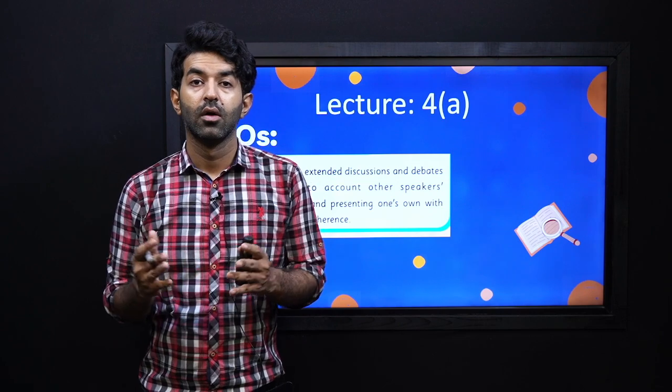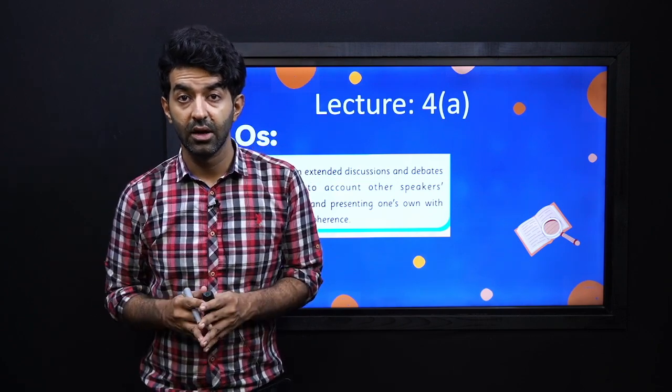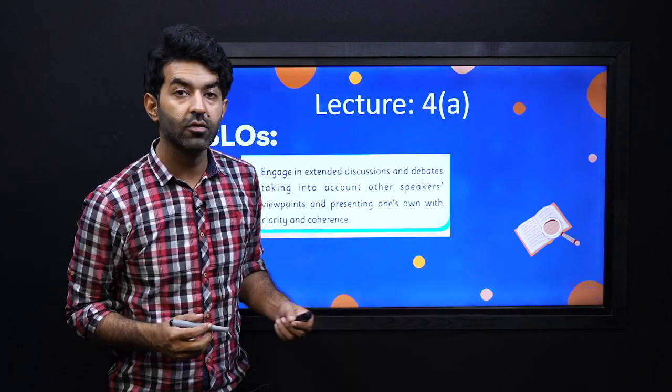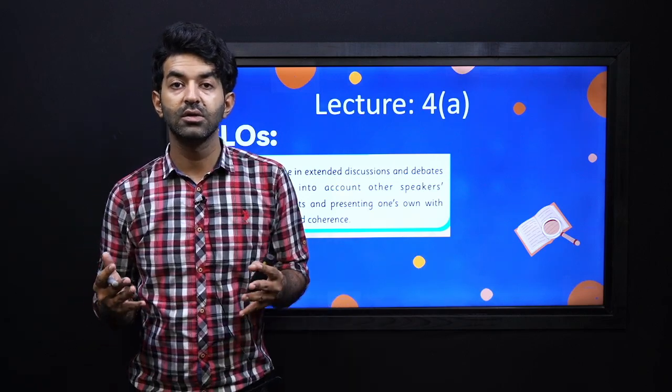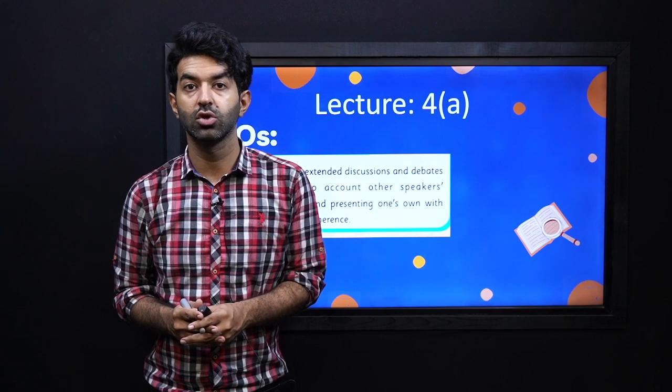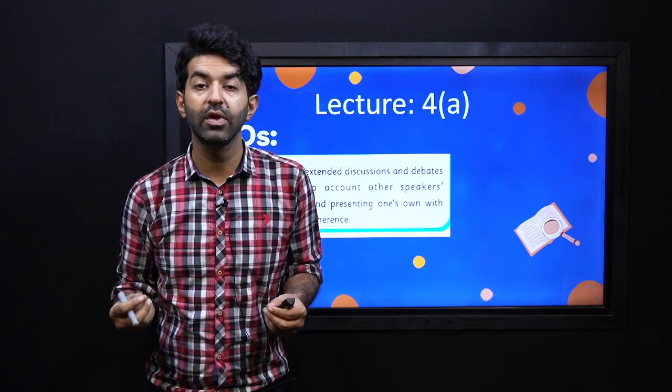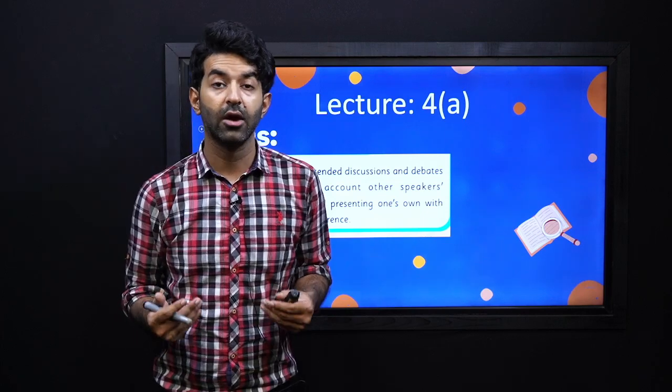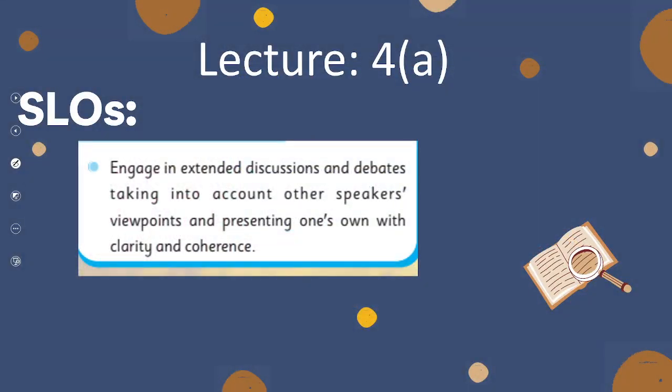So this was the lesson that we are going to cover. For lecture 4A, this is about our oral communication, where we need to learn how we can be good communicators and good speakers. We are going to engage in extended discussions and debates, taking into account other speakers' viewpoints and presenting one's own with clarity and coherence.